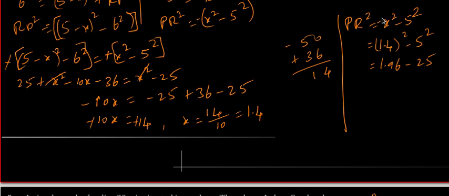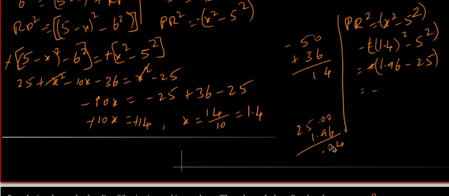Here we are getting minus of x square minus 5 square, that is, minus of, so we will get, if we subtract 25 minus 1.96, that is 23.04.